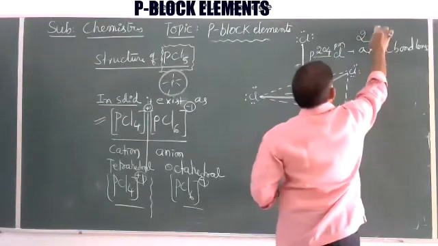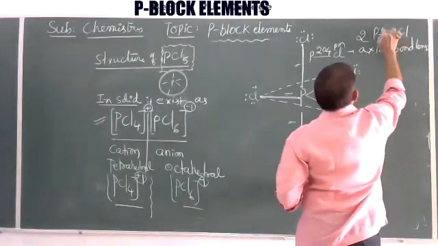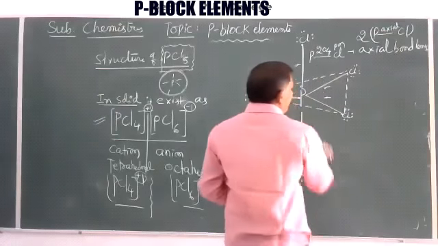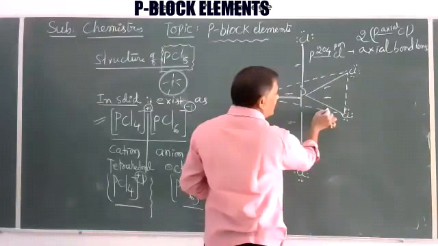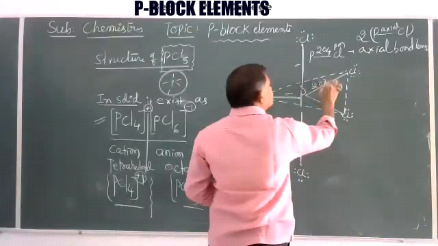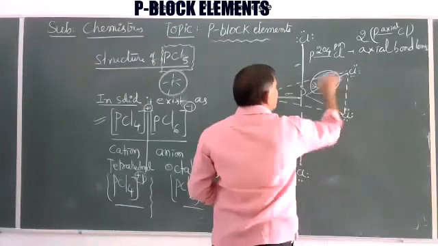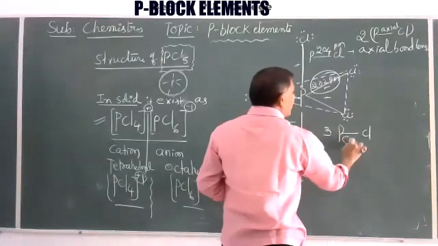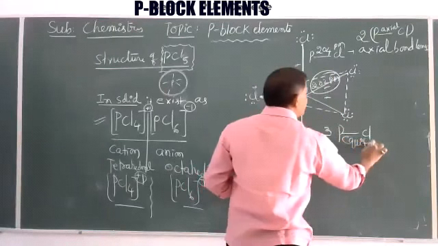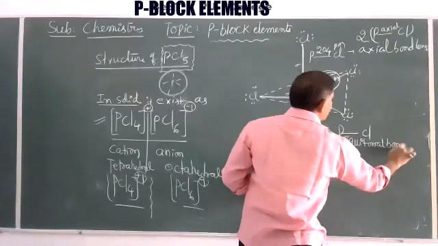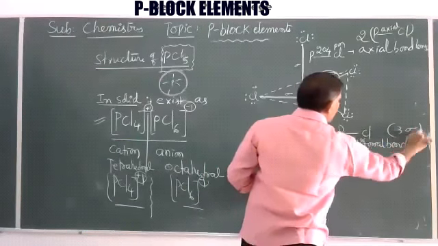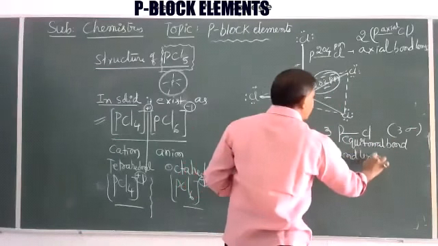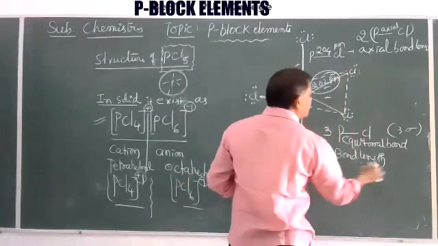Here 2 such PCl axial bonds are present, whereas the remaining 3 are here, with slight variation. Now here the 3 PCl equatorial bonds, 3 sigma covalent bonds, are present. Here the bond length is slightly less than the axial bond length.